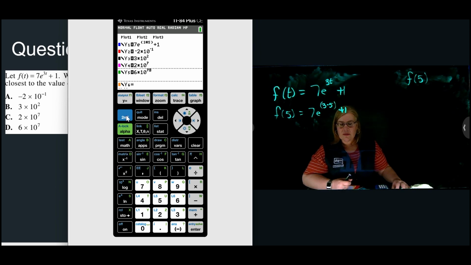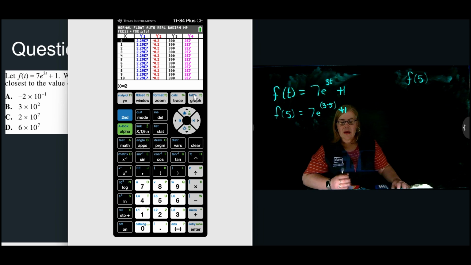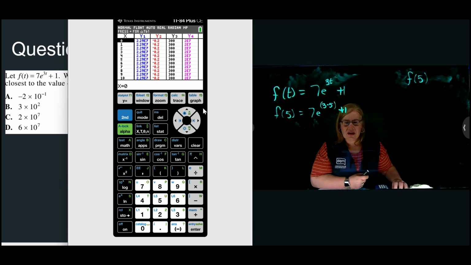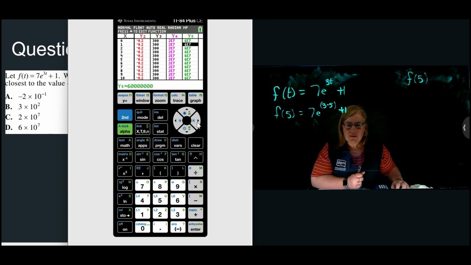So I'm pulling up my second table. Now, you may be saying, Miss Kellen, I don't see what you're talking about. Well, let's look. If we scroll over all the way to the y1s, we have 2.9, I have negative, that's not going to be it. I have a whole 300, that's not going to be it. 2.7, or 2 e 7, that could possibly be, and that last one is nowhere near.